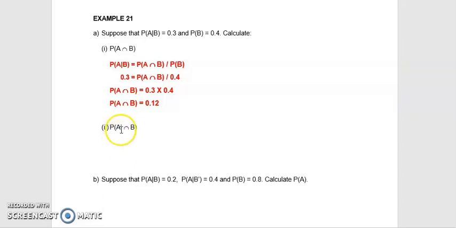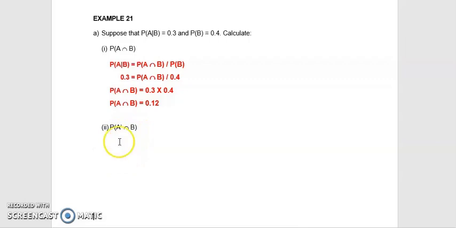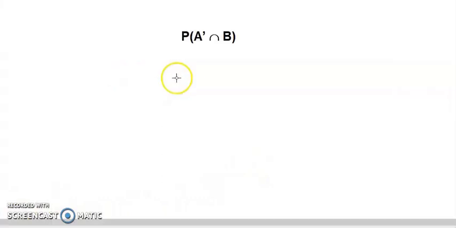Okay, number 2 here. Find probability of A prime intersect B. If you have this type of question with A prime, it is advisable to use a Venn diagram. Based on the Venn diagram, we can see where the region for probability of A prime intersect B is. Now let's draw the Venn diagram. Where is the area A prime intersect B?